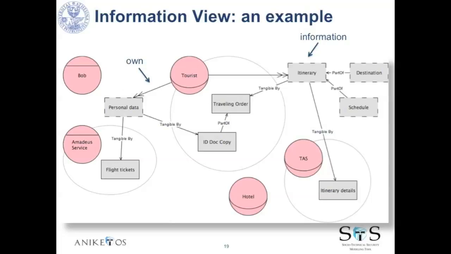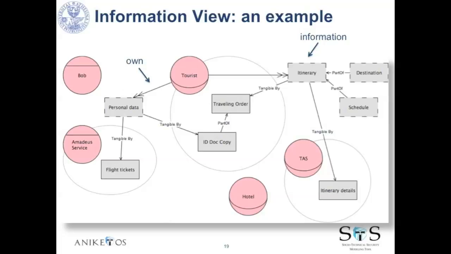At the same time, personal data is made tangible by flight tickets. So it could be the case that a given information is made tangible by different documents, so documents that represent or contain this information. On the other hand, the tourist owns his itinerary, and itinerary is an information that contains information about destination and schedule.